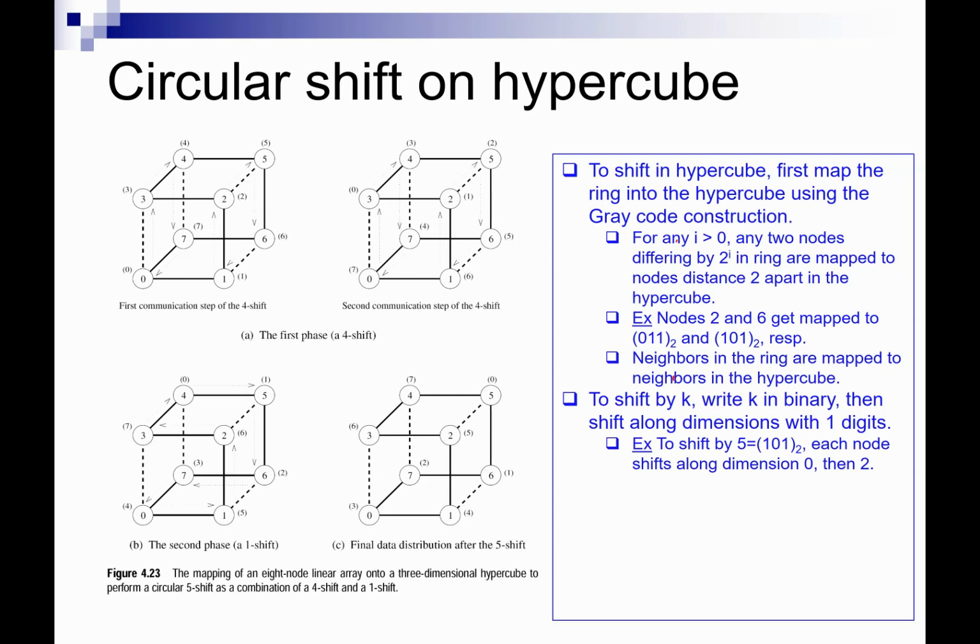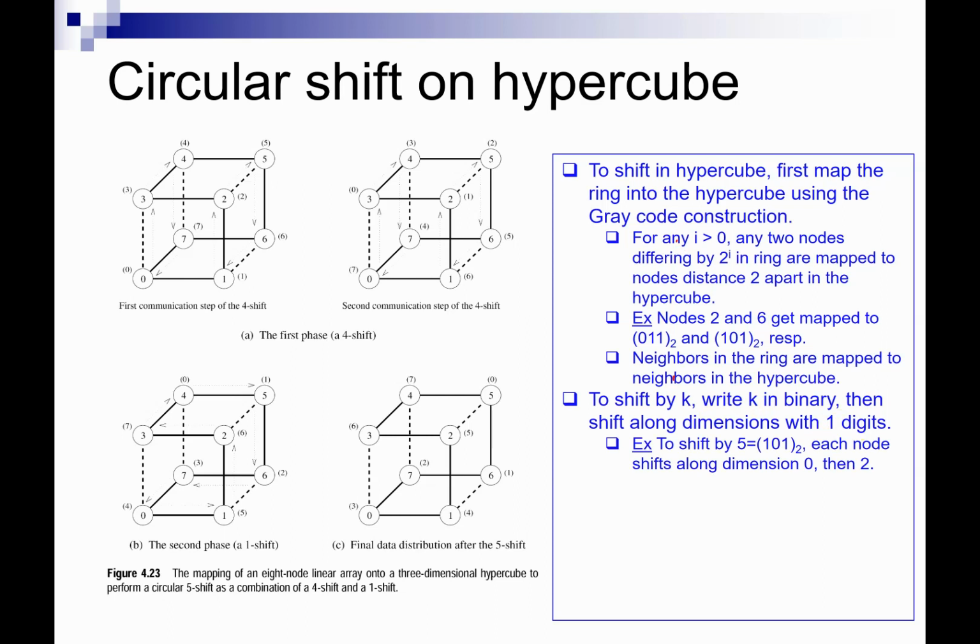Now we're going to use these properties to see how to do a shift operation. Suppose you're trying to do a shift by k. First of all, we're going to write k out in binary, and then we're going to shift along the dimensions with the 1 digits.